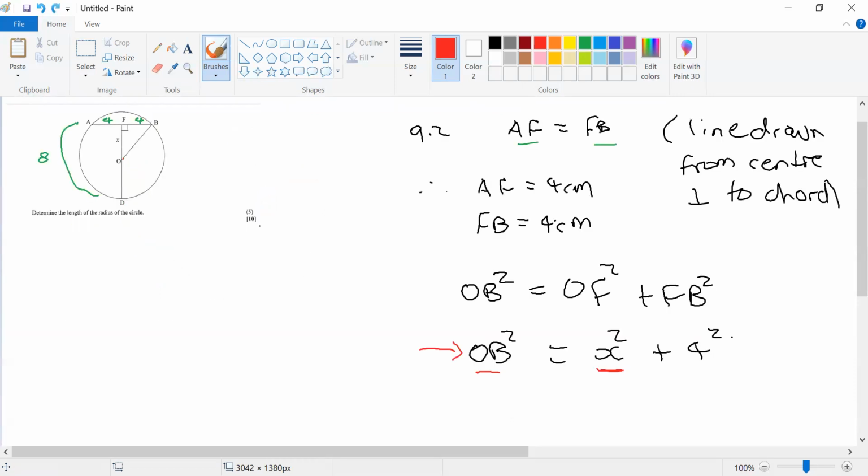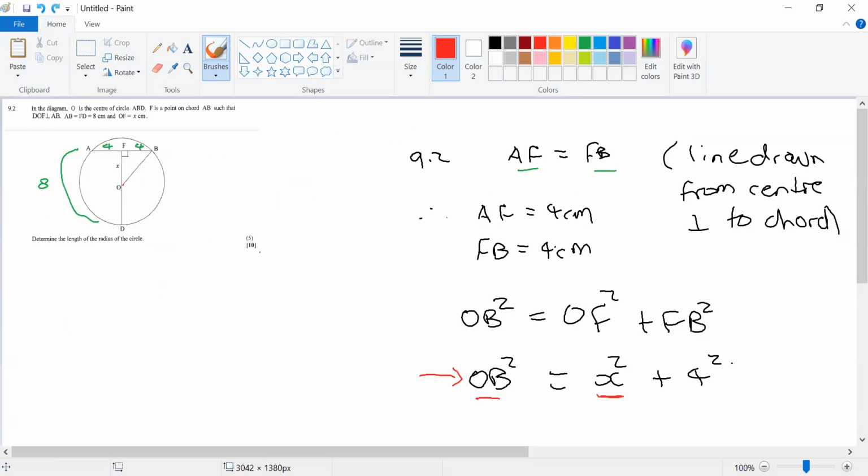From our question itself, we can see that DO, which is this distance from here to here, plus OF, which is the distance from here up there, is equal to 8, because this whole distance is FD, and it's given to us as 8 centimeters.